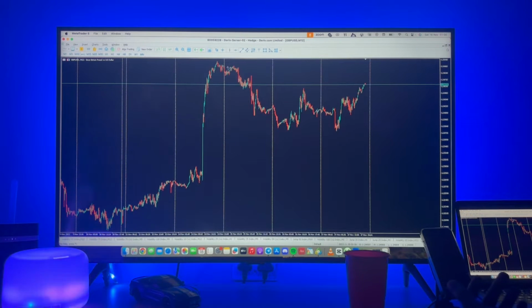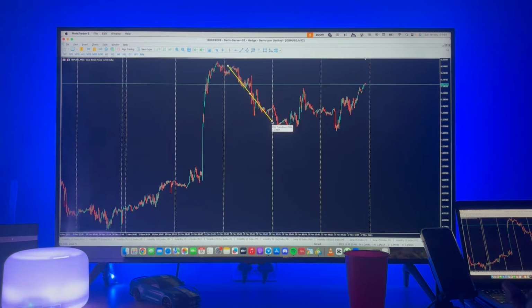And as you can see here, price was moving in the opposite direction to what we want to do, which is to buy, right? So we're gonna wait for price. As you can see, this is the opening of it was on Wednesday, right? So it was the opening of the GBP USD, and right here it was the close of GBP USD.